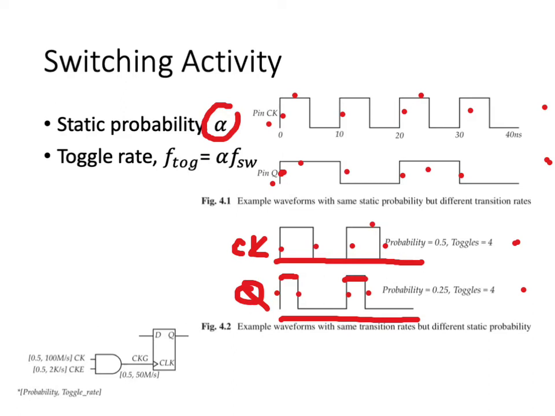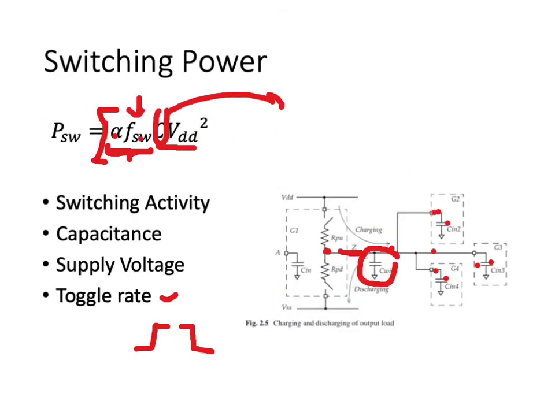So we are emphasizing alpha and the toggle rate, the static probability and the toggle rate, because we wish to get estimates of our circuit design switching power. So the capacitance can be extracted from the netlist. That is the netlist after place and route, because you would need to know the connections of each logic gate to every other logic gate.